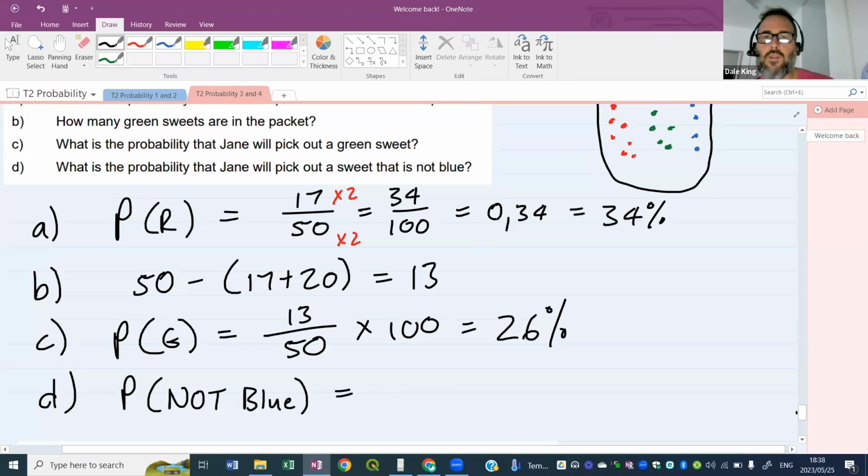I'm not going to call out anyone. You must raise your hand, be brave, and tell me if you want to try this out. What's the probability of not getting a blue? So Jane does not like blue. Doesn't want the blue sweets. They taste horrible. So she's thinking, what are my chances of getting anything else but the blue one? I don't want a blue. I want anything but blue. What is that probability? Who would like to try this one out?